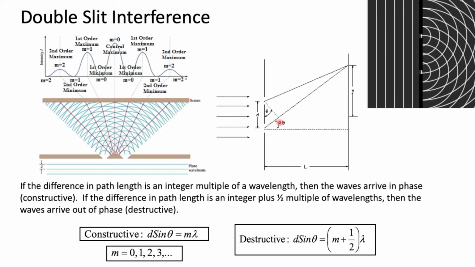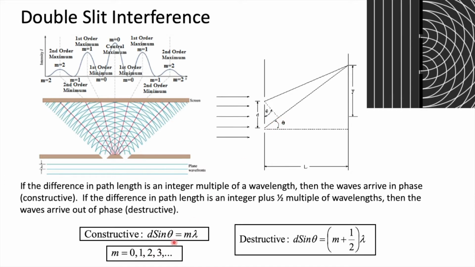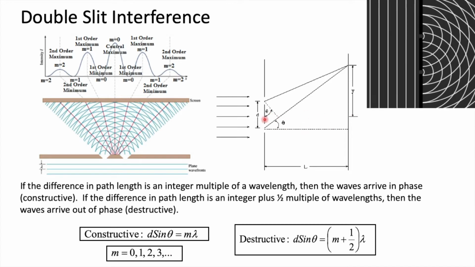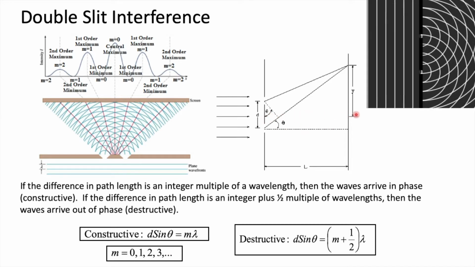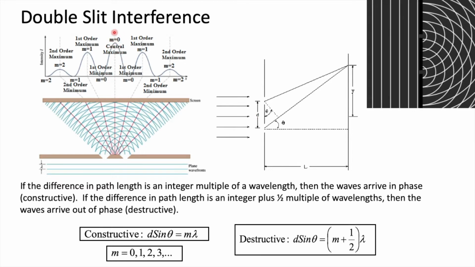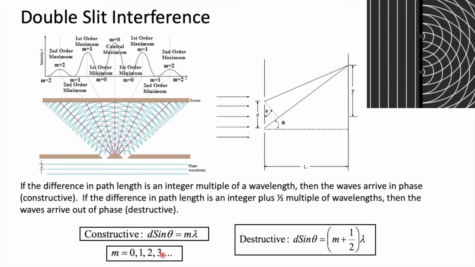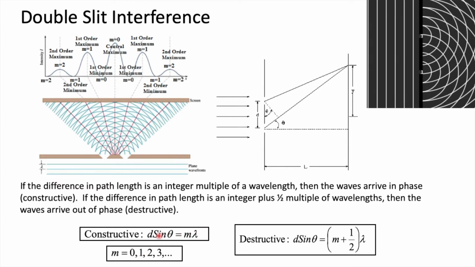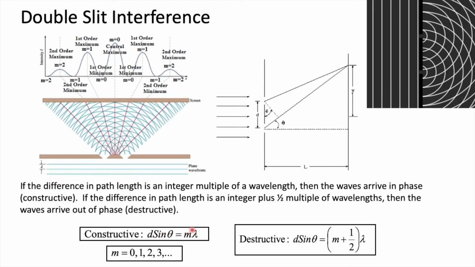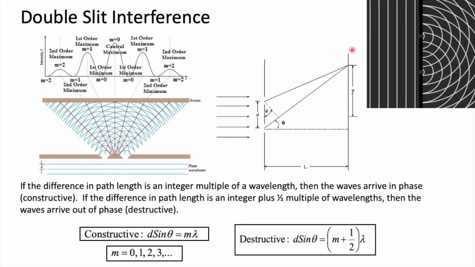equal to m times lambda, where m is 0 for the case of theta equals 0, the horizontal band, the central maximum, and m equals 1 means d sine theta equals lambda, then 2 lambda, 3 lambda, 4 lambda, and so on.